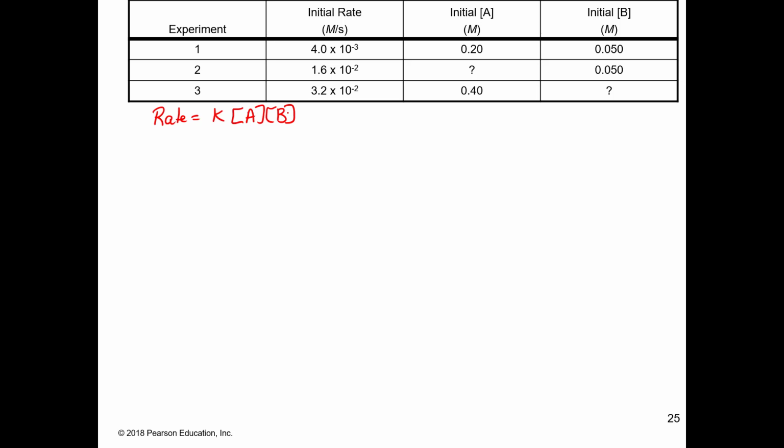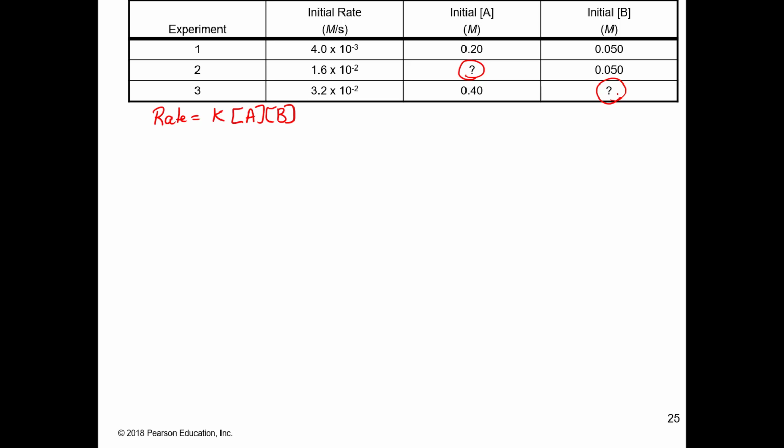All right, so I know it wants me to figure out the concentration of A in experiment 2 and the concentration of B in experiment 3. Now, one thing I've got to know, if I'm going to be able to work this, is what k is.